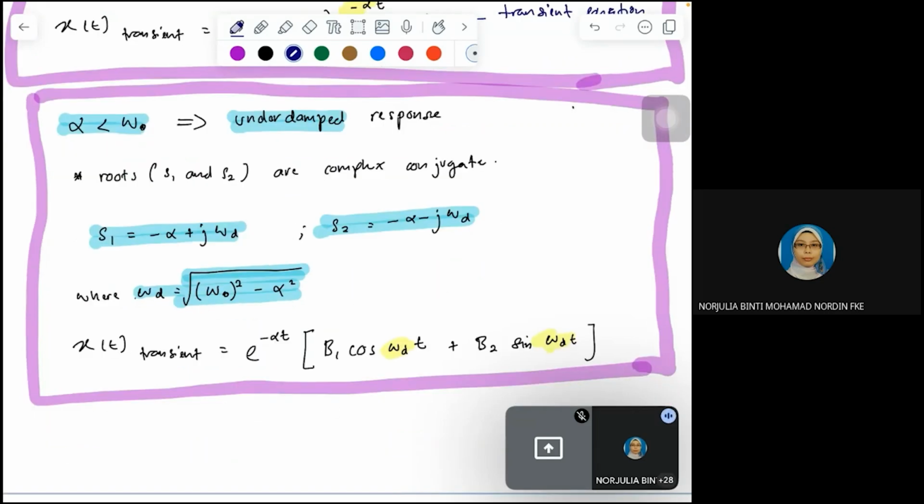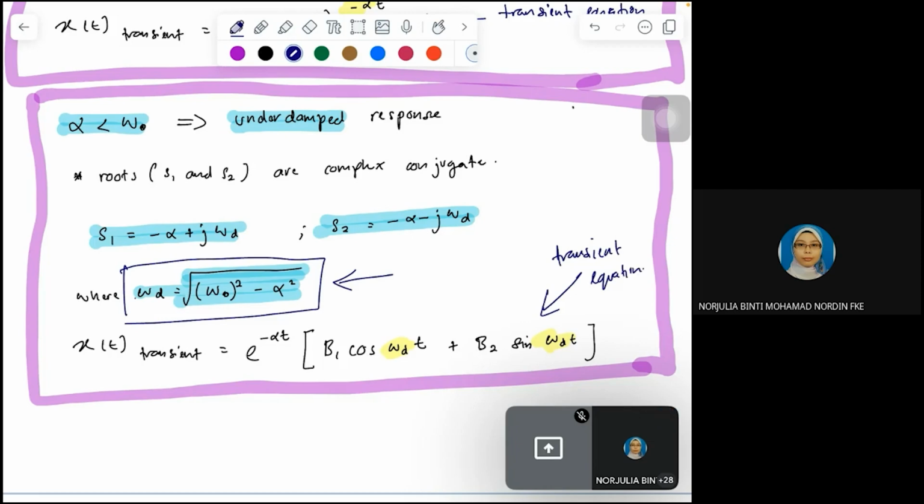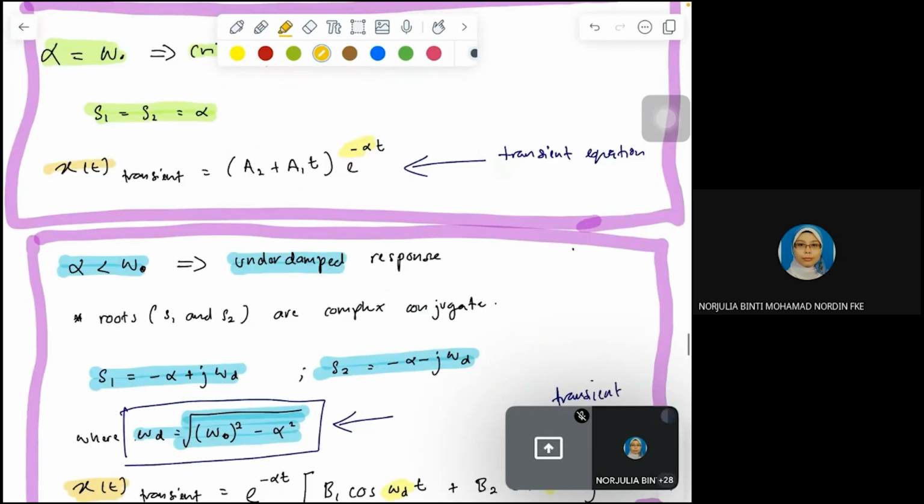At this moment, you need to find another additional parameter, which is called omega d, by using this formula, and then write it down into your transient equation.